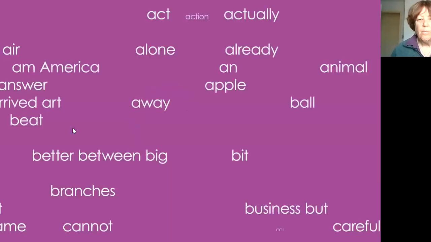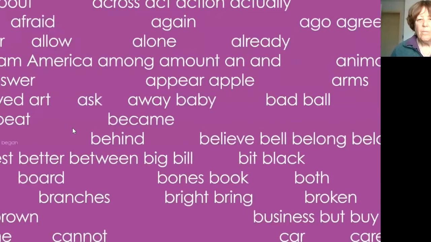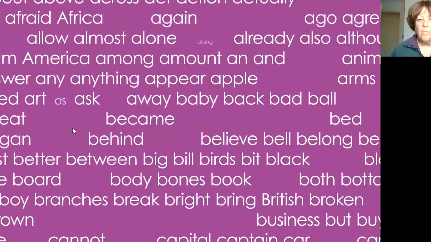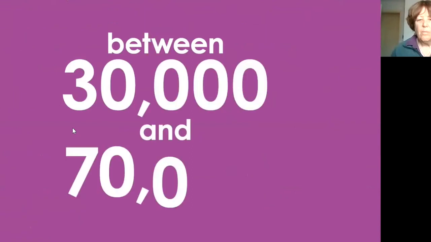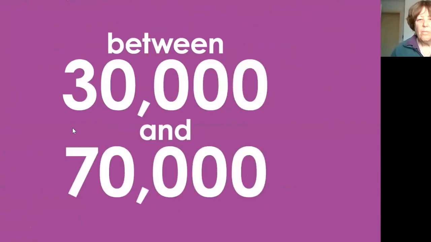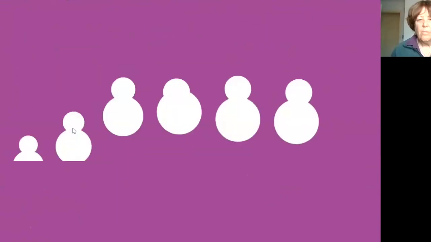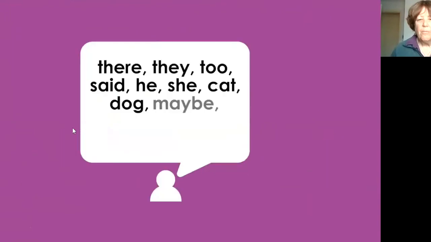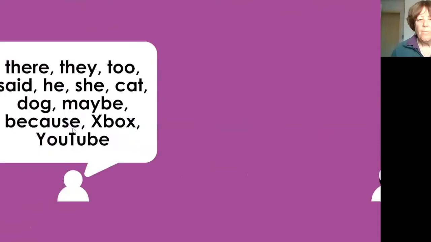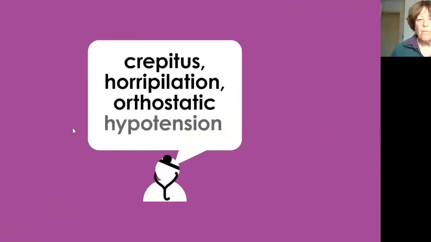The collection of words you can read without conscious effort is called your sight word memory. Literate adults have a sight word memory of between 30,000 and 70,000 words. Everyone's sight word memory is a little different. A first grader's sight word memory often includes words like this. A doctor's sight word memory often includes words like this.